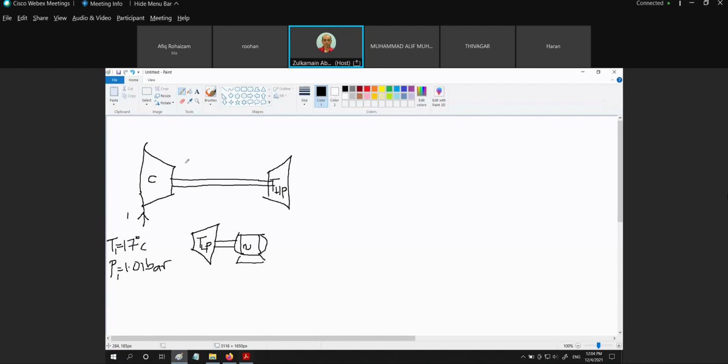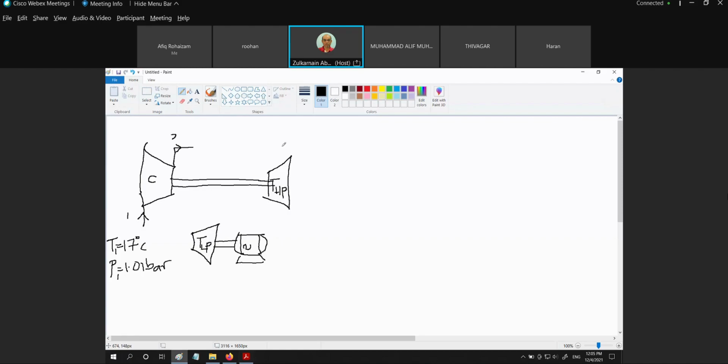Okay, so assuming that this is the output of the compressor, the only place that we have a compression process is in the compressor. Meaning that our P1 is our minimum pressure and our P2 is our maximum pressure.